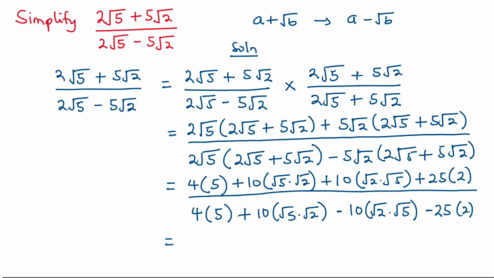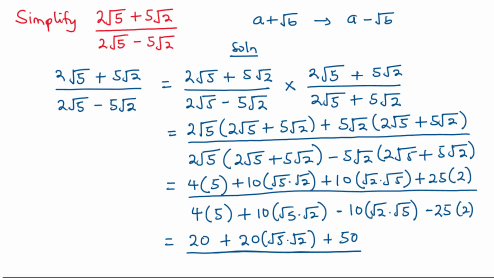Let's further simplify. 4 times 5 is 20. We have 10 root 5 root 2 plus 10 root 5 root 2. So that becomes 20 root 5 root 2. And then we have 25 times 2, which is 50.